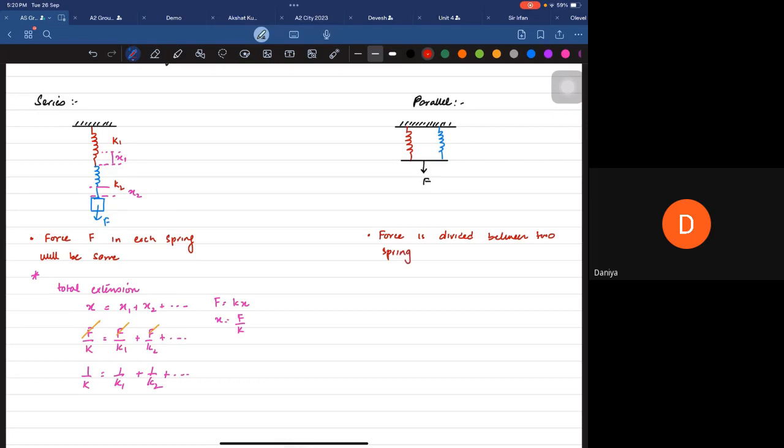It could be different, but extension is the same if pulled together. Obviously, if you want to pull them together, this is K1, this is K2. So they're going to show you the same extension like this.